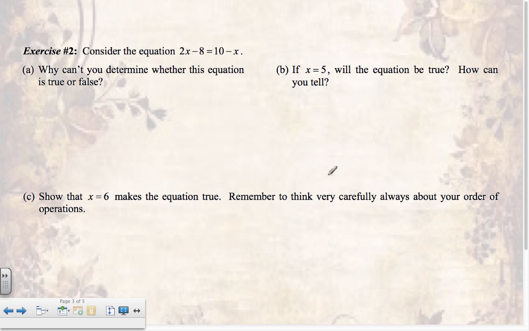All right, so here we are. We have this equation, 2x minus 8 equals 10 minus x. And if I asked you to determine whether this equation is true or false, you'd have to tell me, well, I don't know, Mrs. Trulin, I can't tell right now.